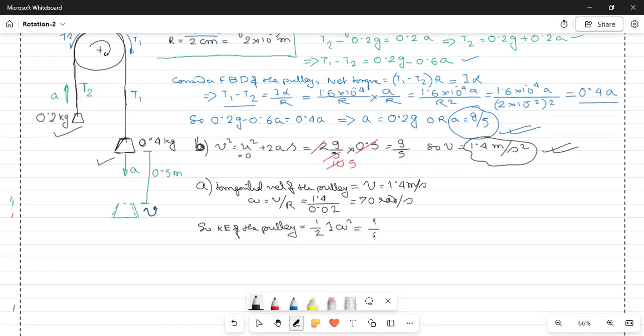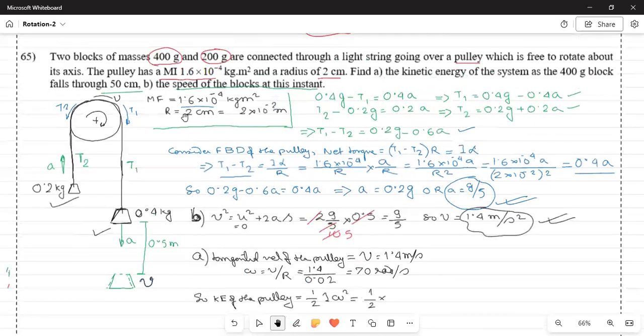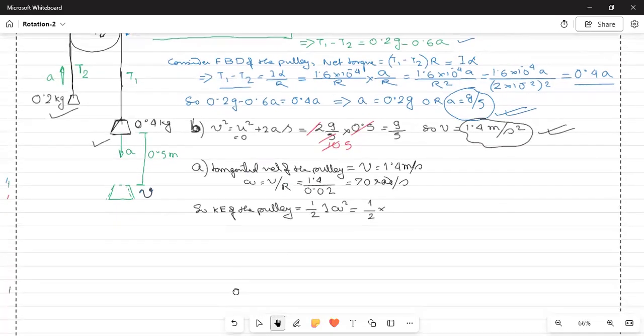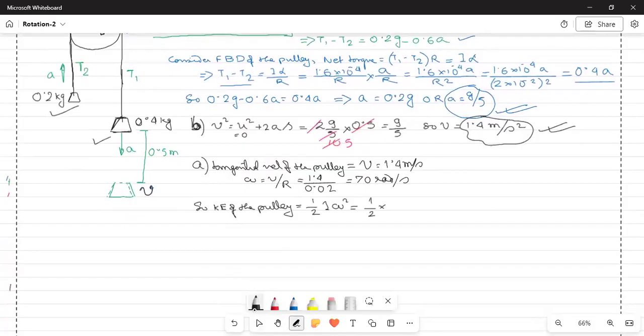Moment of inertia was given here as 1.6 into 10 to the power minus 4. So half into 1.6 into 10 to the power minus 4 multiplied by omega square, 70 square. If you calculate this, you will find the kinetic energy of the pulley is 0.392 joule.